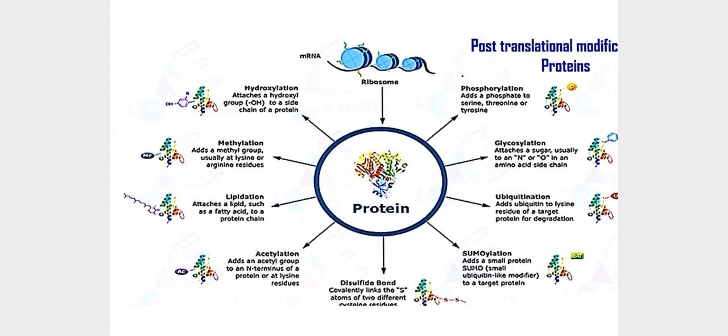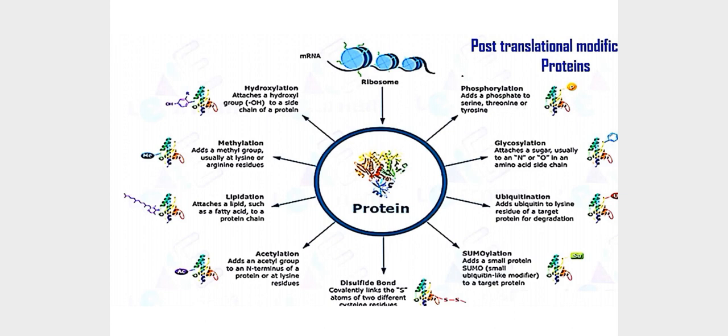Post-translational modification of proteins. Phosphorylation adds phosphate to serine, threonine, or tyrosine. Glycosylation attaches a sugar, usually N-linked or O-linked, to the amino acid chain. Ubiquitination adds ubiquitin to lysine residues of a target protein, often for degradation.